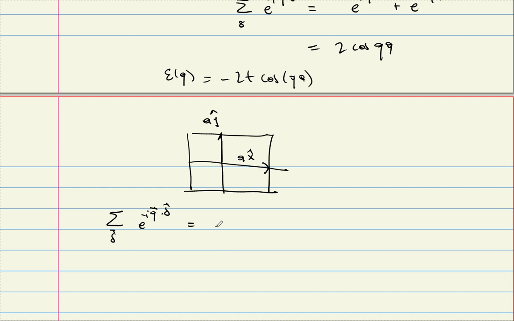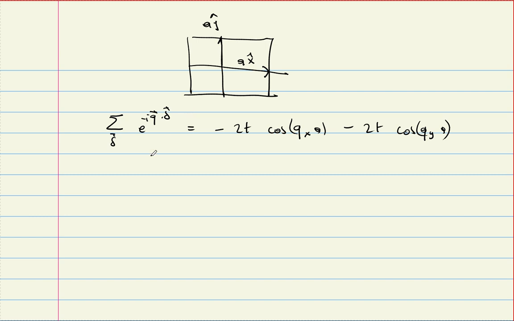This is minus 2t cosine qxa, or I can do it in the y direction, minus 2t cosine qya. And that's why we had this earlier. I was saying that I can write the spectrum like this. This is where it comes from.